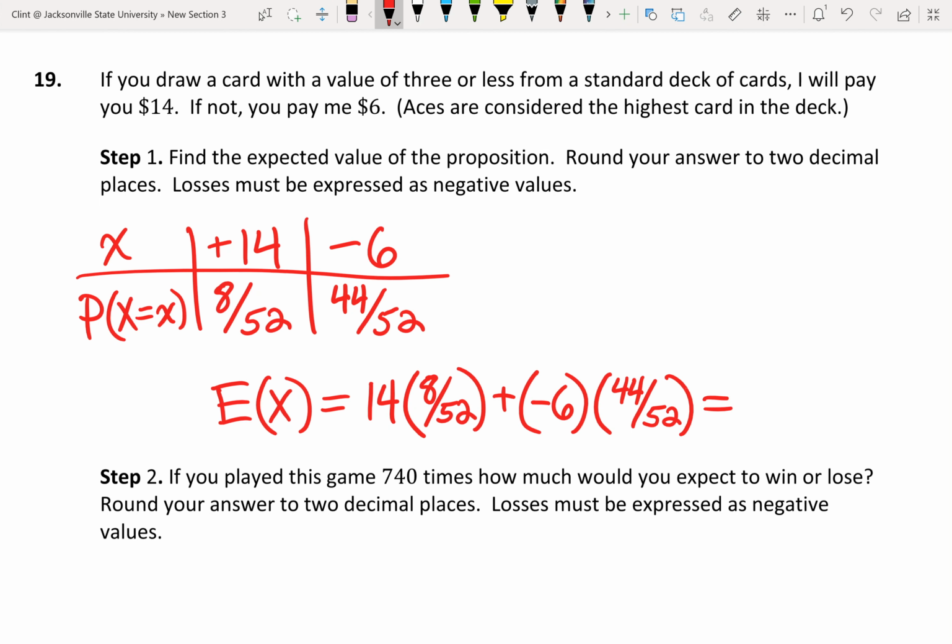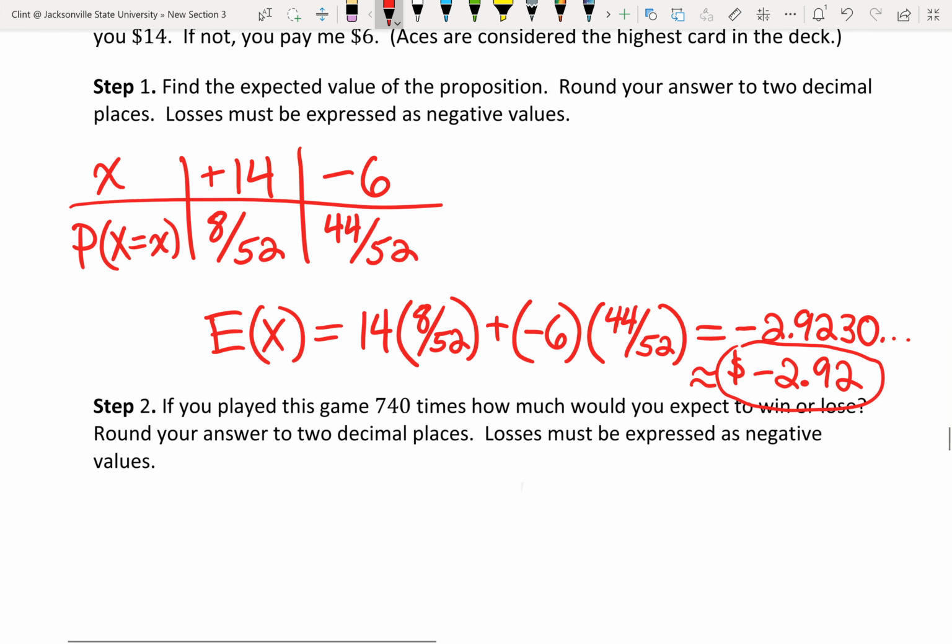So 14 times 8 divided by 52 minus 6 times 44 divided by 52. I'm getting negative 2.9230 something. So when we round to 2 decimal places, we get negative $2.92.